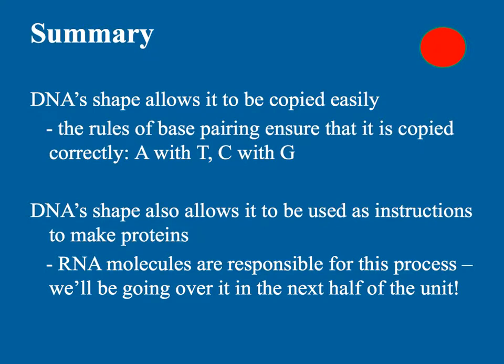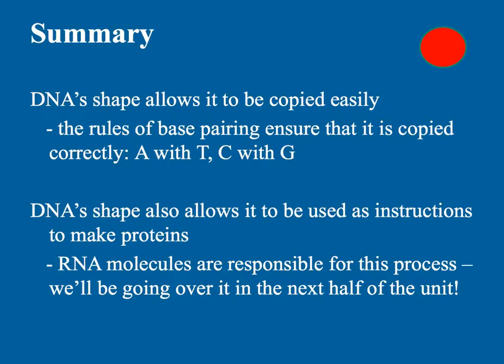So what's important is the shape of DNA allows it to be easily copied. Remember, it has 2 strands, and the hydrogen bonds in the center allow it to be easily split, and the covalent bonds on the side, or the backbone, allow it to stay in one nice strand when they do split apart, so it doesn't end up with 1,000 pieces, because if that happened you wouldn't be able to copy it.